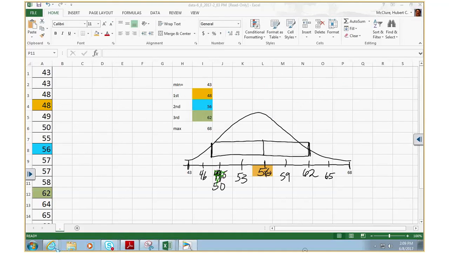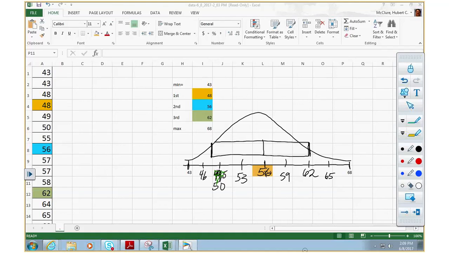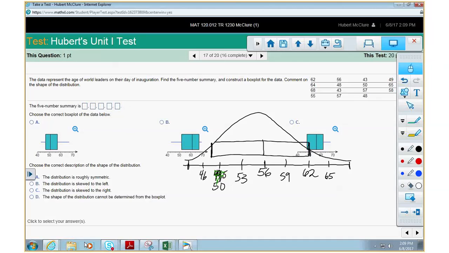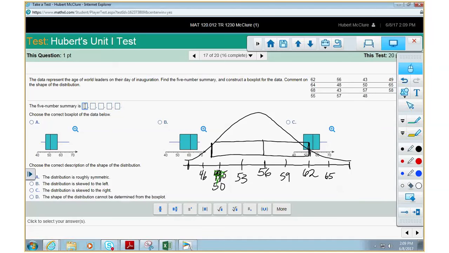So we go back to our handy dandy virtual test. And what's my 5-number summary? Somebody give it to me. 43. 48. 56. 62. 68. And which one does it look like?